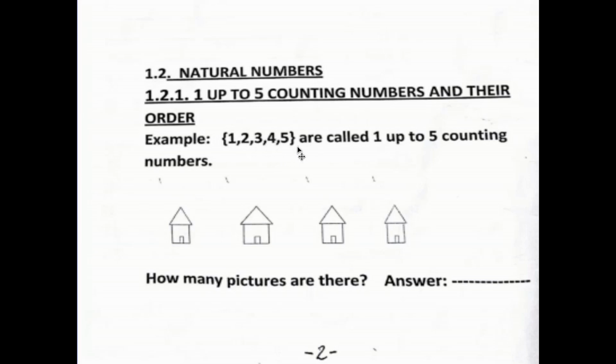These 5 numbers are counting numbers that we use in counting. It can be objects when we count materials, or it can be anything we want. When we are counting objects or animals or persons, we use these natural numbers, counting numbers, to count anything.